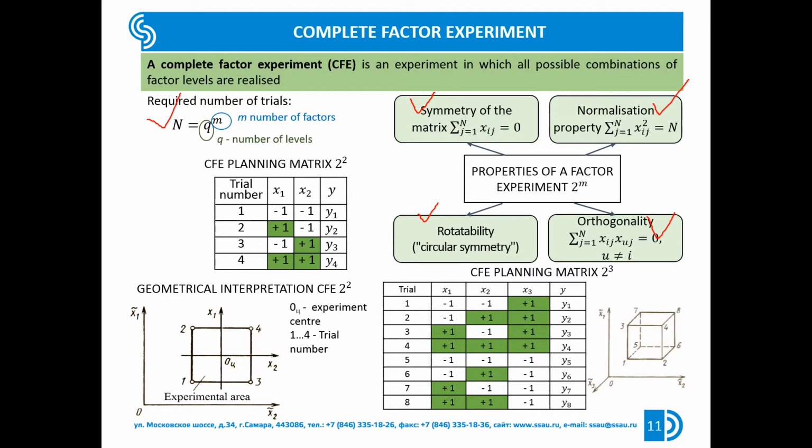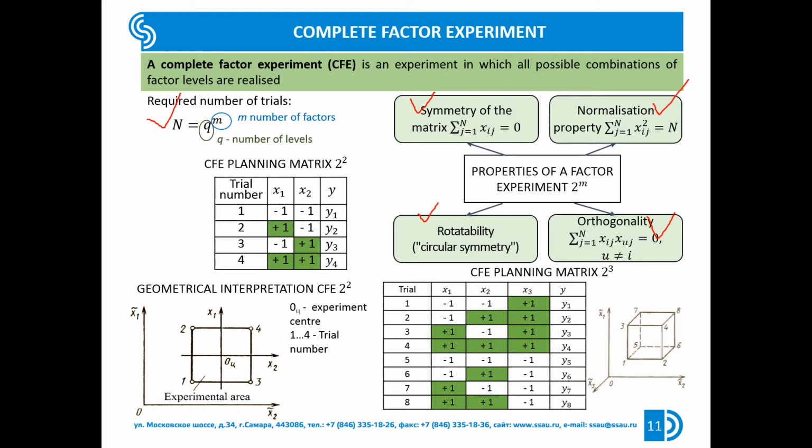In each series of experiments, the sequence is randomized. This, to a certain extent, eliminates the bias and subjectivity of the researcher, as well as systematic errors, such as heating or cooling of the units and other factors in the study of the process.